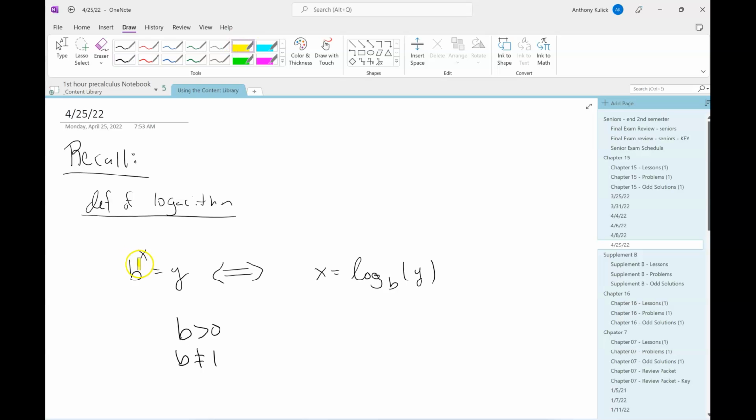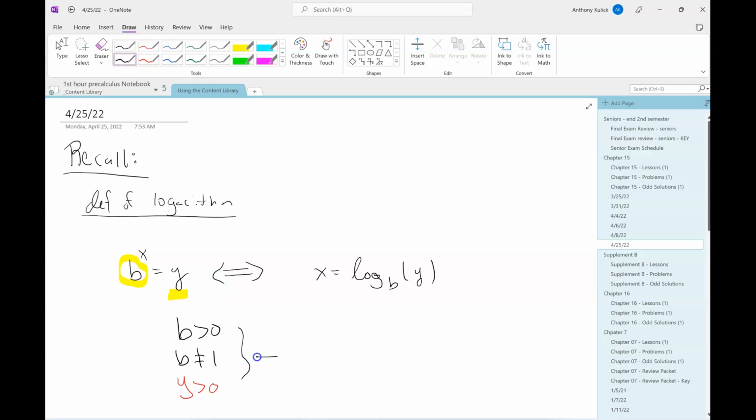As a result, since you're taking a positive number to a power, what kind of result do we have to have for y? Can you get a negative if you take a positive number and raise it to some power? No. Can you get 0? No. So again, y has to be positive.